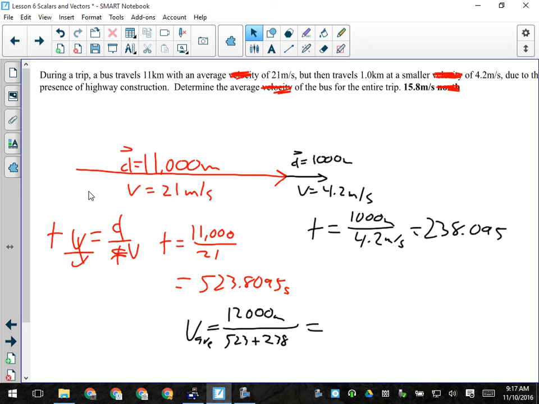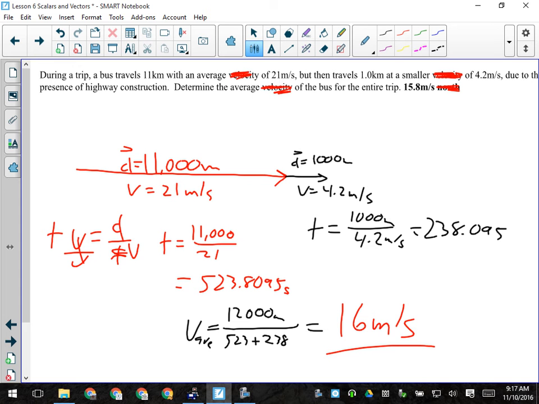Basically, we can't have an answer that's more accurate than the numbers we use to arrive at it. We can't suddenly go from something measured to the nearest kilometer to an answer measured to the nearest centimeter, because then my answer, because of my math, got more accurate, even though I never measured it that accurately. So my answer should really only have 2 significant figures, because this has 2, that has 2. We always go with the least accurate number. So my answer should actually be 16 meters per second.